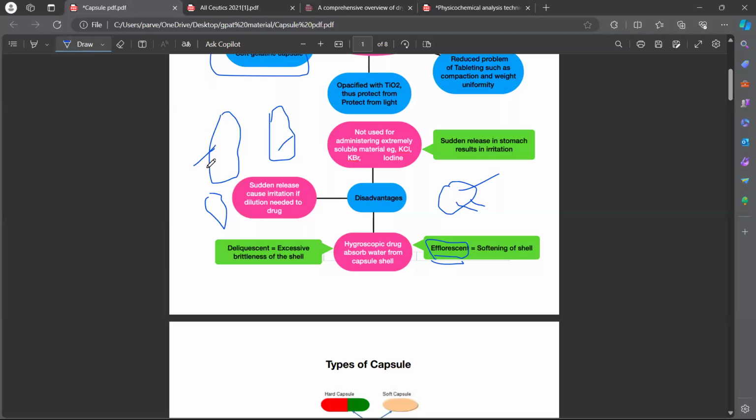That's why efflorescent and deliquescent materials are not packed in the capsule dosage form. Some materials like potassium chloride, potassium bromide, and ammonium chloride are also not packed in capsules because they are irritant to the stomach.